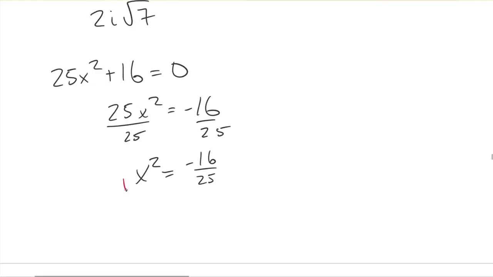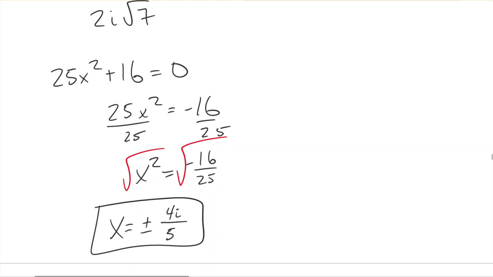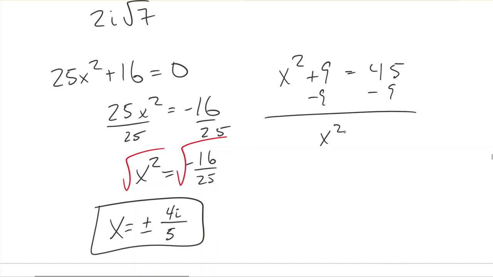Take the square root of both sides, so that's x equals plus or minus 4i over 5. B would be x squared plus 9 equals 45, so subtract 9. X squared equals, what's that, 36, take the square root, x equals plus or minus 6.